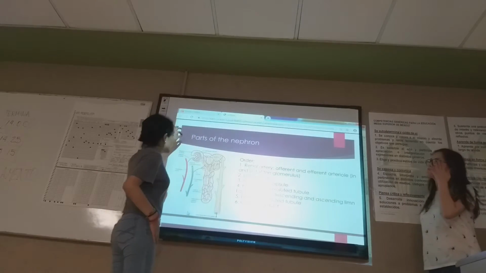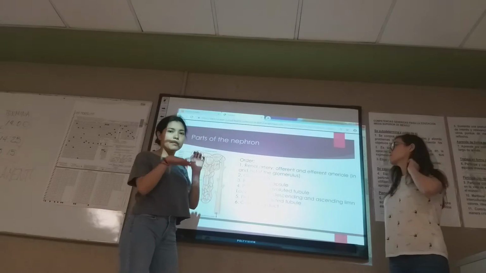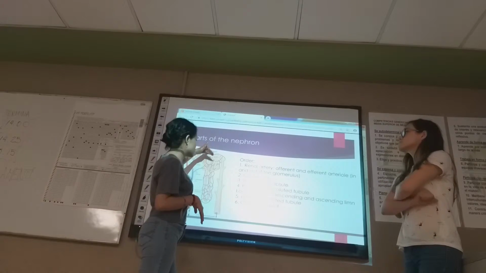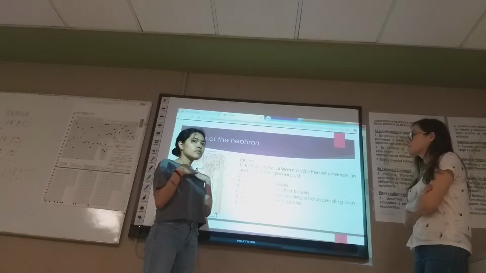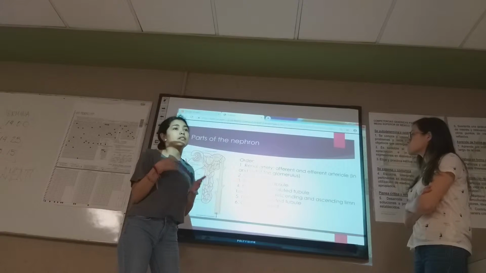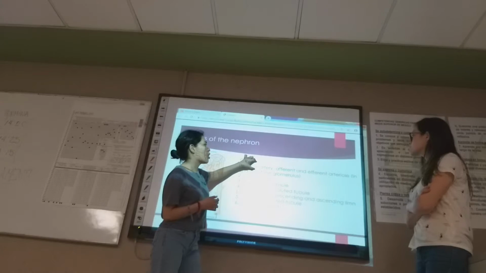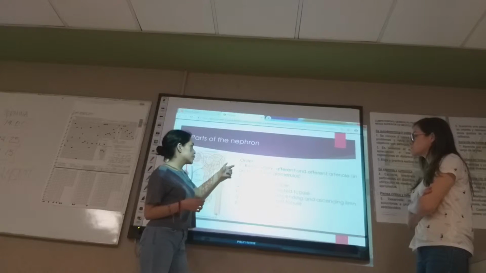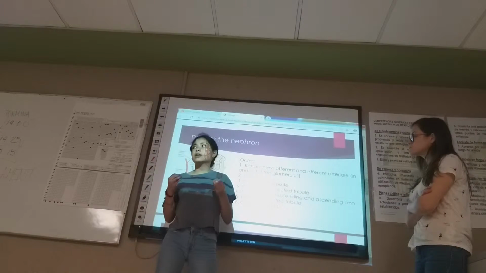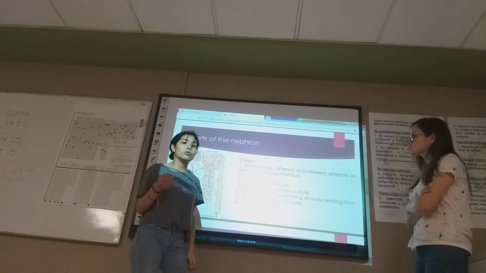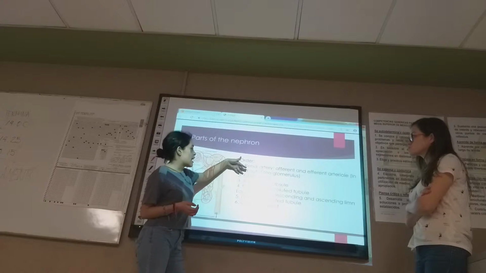So the order in which urea passes through the kidney is, first of all, the blood. The urea is present in the blood. So the blood will come to the kidney through the renal artery. Then it will pass through the glomerulus, where the process of ultrafiltration happens.